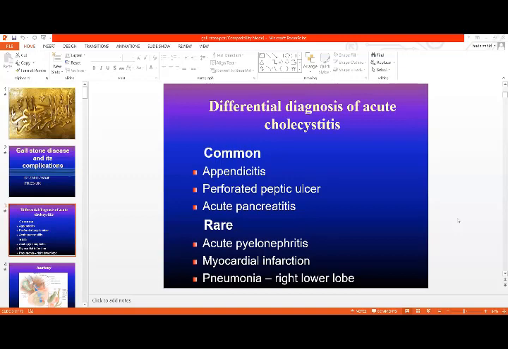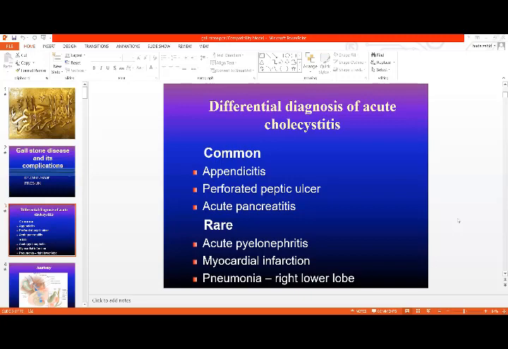They've given you the history that the patient is known to have gallstones. You should also write down that the diagnosis would be not just acute pancreatitis, gallstone pancreatitis is the most likely diagnosis.